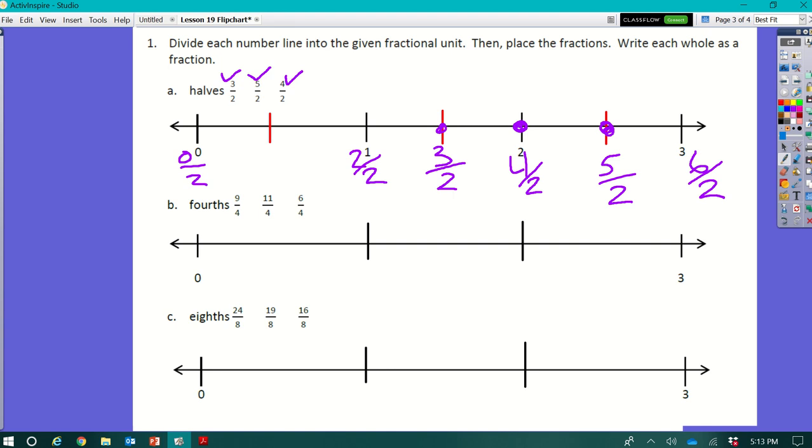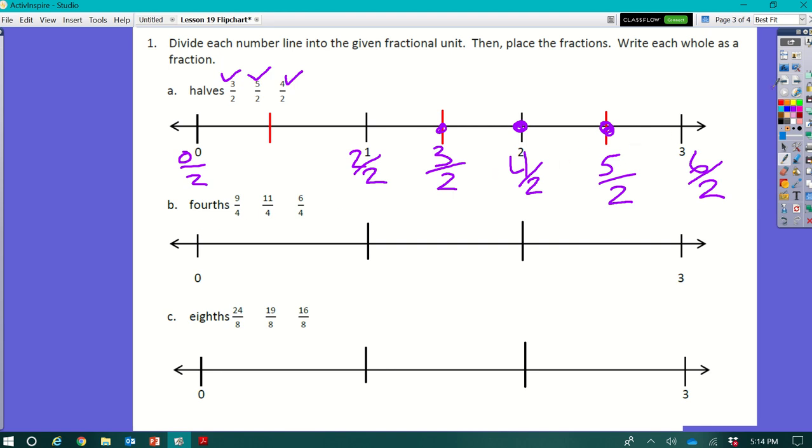Go ahead, if you need to catch up, you can press pause and then continue watching. We're going to go on to B. Okay, now when I go to B, it says right here I need to divide it into fourths.